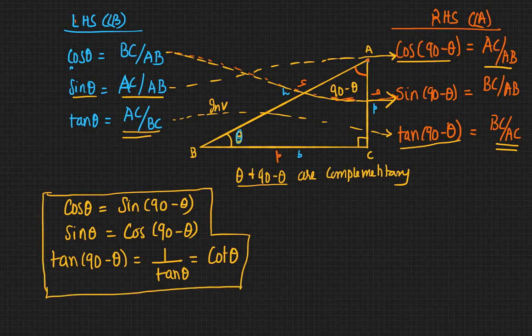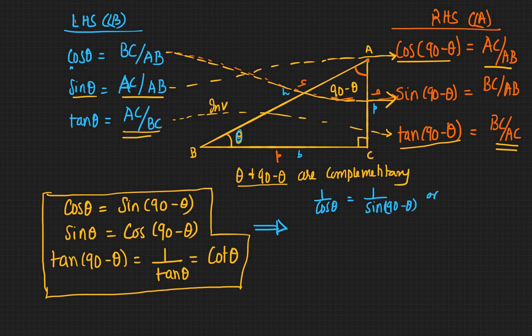Now, as a corollary, we can infer the following. We can reciprocate each one of them, and we can say that 1 by cos theta is equal to 1 by sine 90 minus theta.